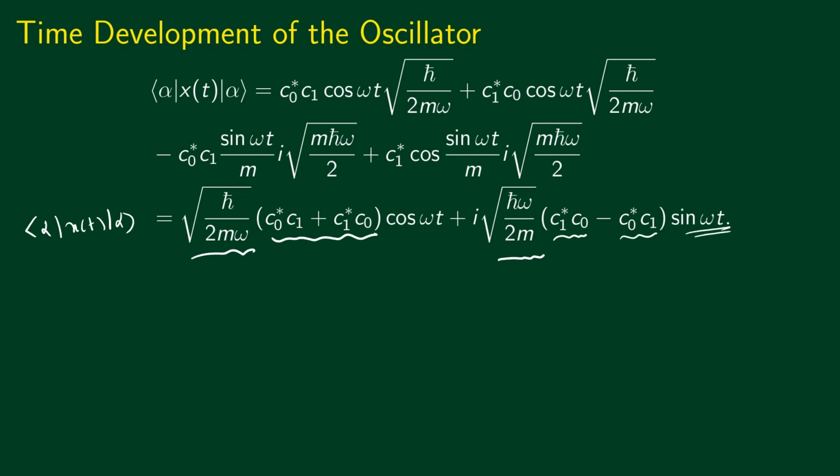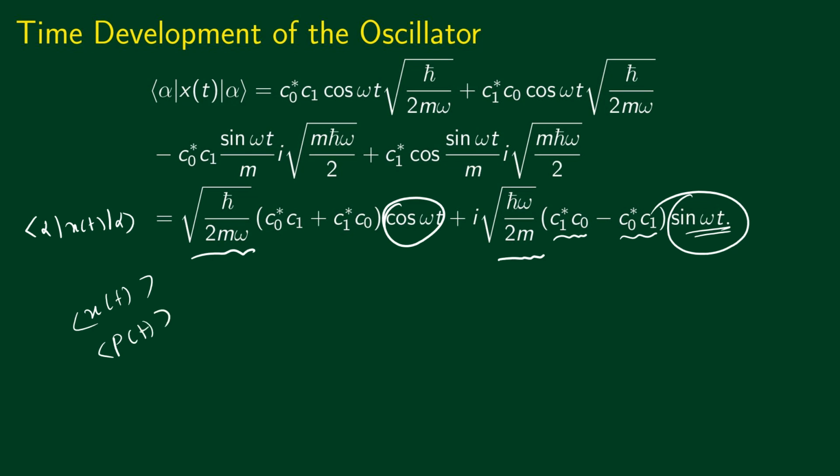Now, as expected, we see that the expression for the expectation value has oscillatory terms in it. So the expectation values of x of t and p of t have oscillatory terms in them if we consider a state ket alpha which is a superposition of energy eigenkets, C0 ket 0 plus C1 ket 1, for example.